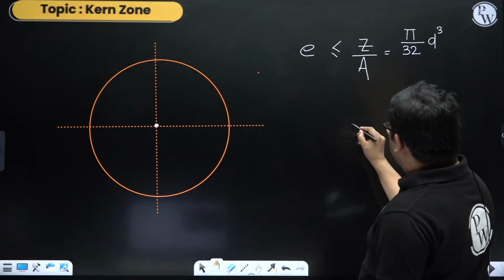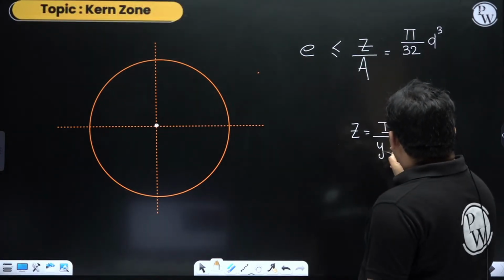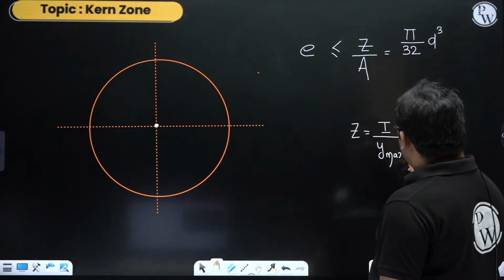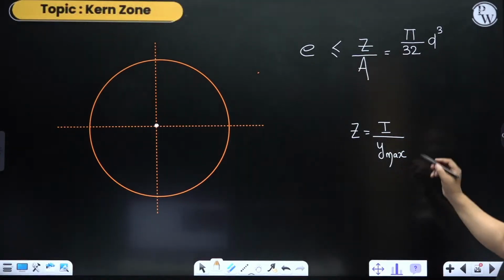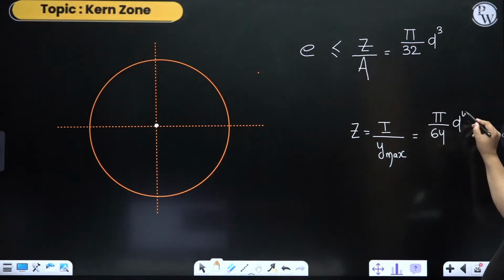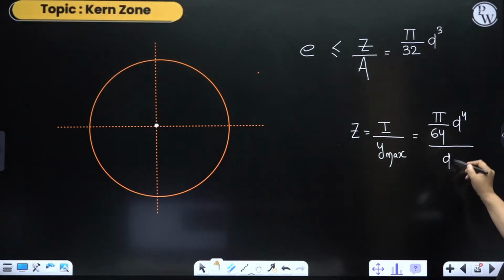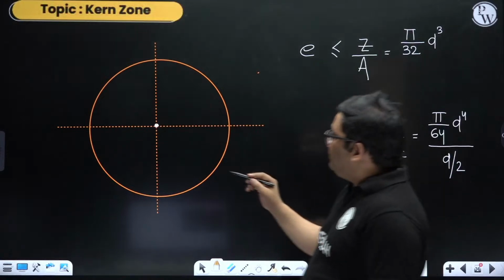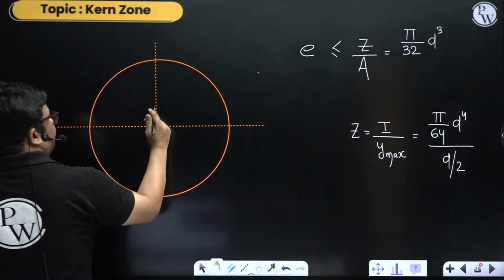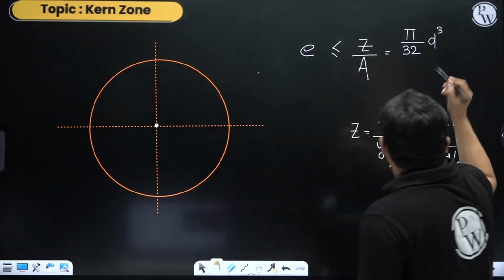Or Z is I by y max, section modulus. I for a circular section is pi by 64 d to the power 4, divided by y max, which is d by 2, the maximum distance from the neutral axis. So this is pi by 32 d cube.